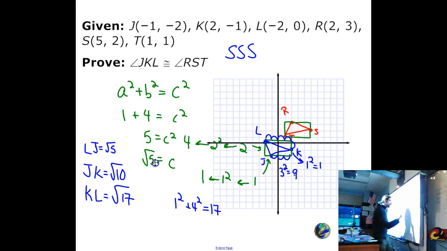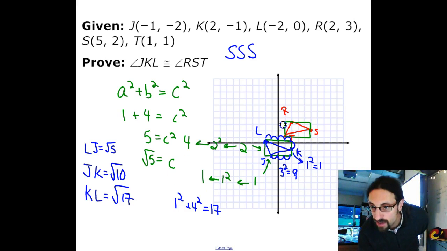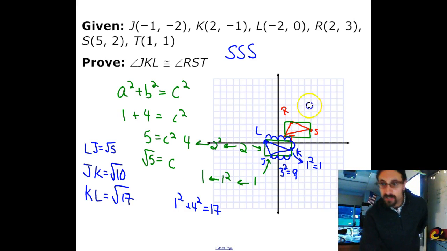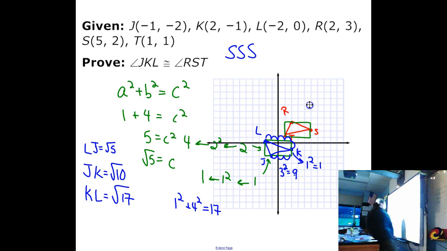Now, if the lengths of RS, ST, and TR are exactly the same, then I have congruent triangles. So let's do it real quick. Right here, I'm going 1, 2, 3. 3 squared is 9. I'm going 1. 1 squared is 1.